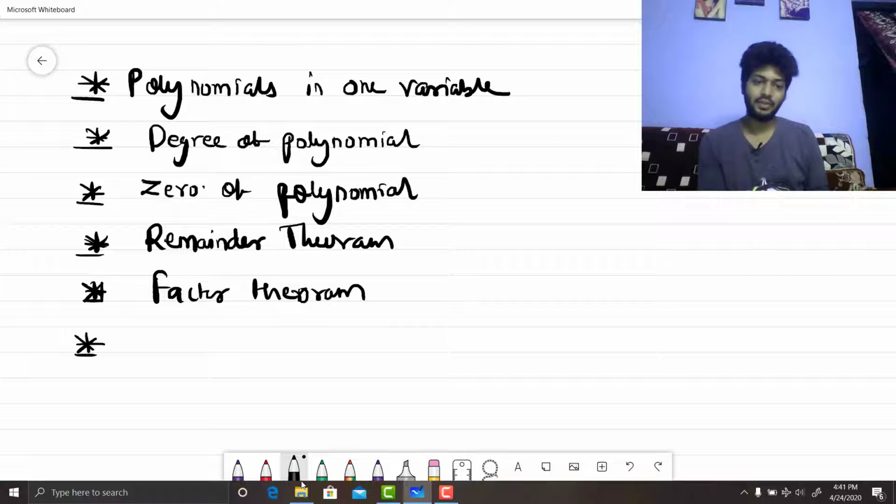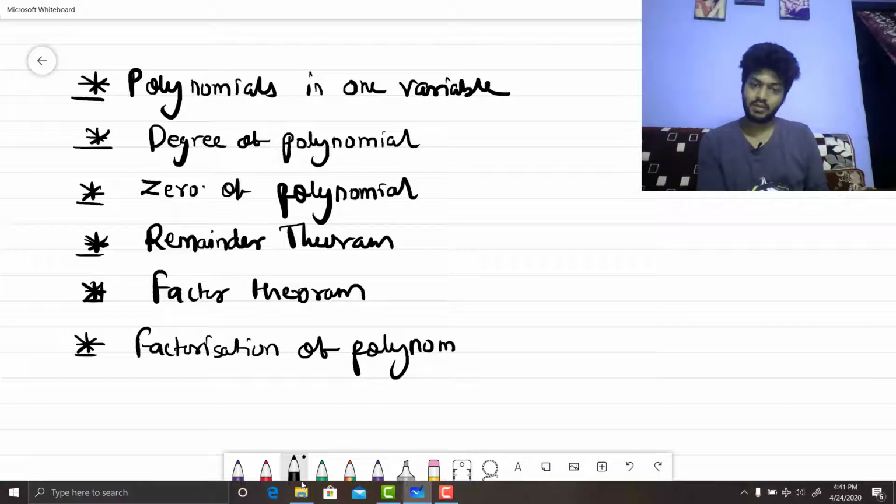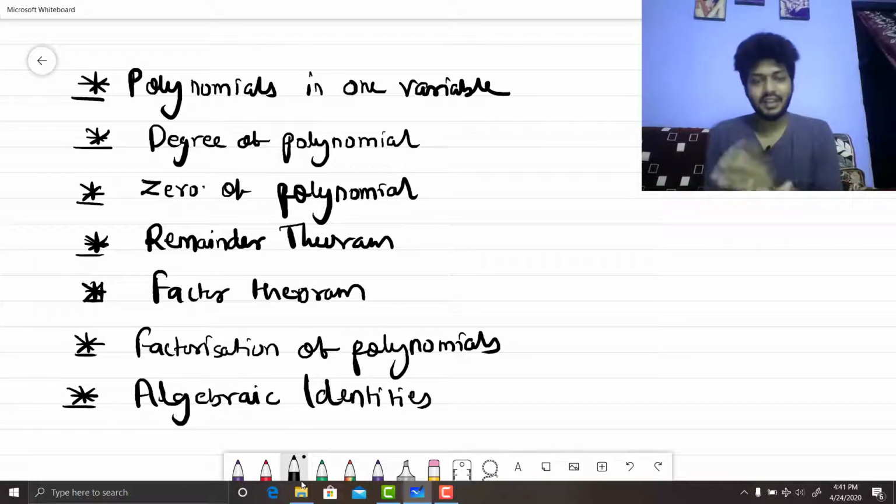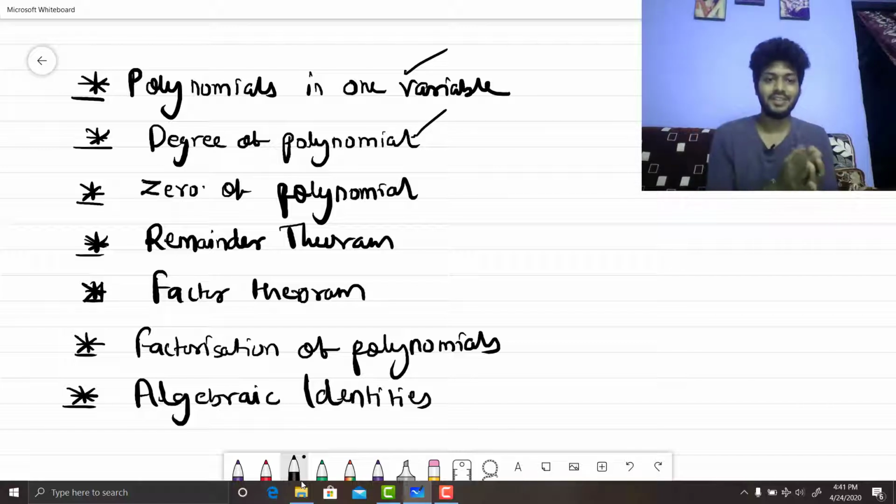Then we'll move on to factorization of polynomials, and last but not the least, algebraic identities. So this will be our entire topic-wise curriculum. Today in this session we will be dealing with polynomials in one variable and the degree of a polynomial.